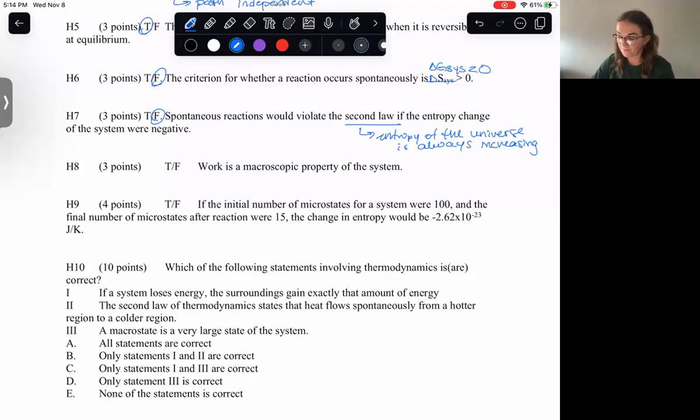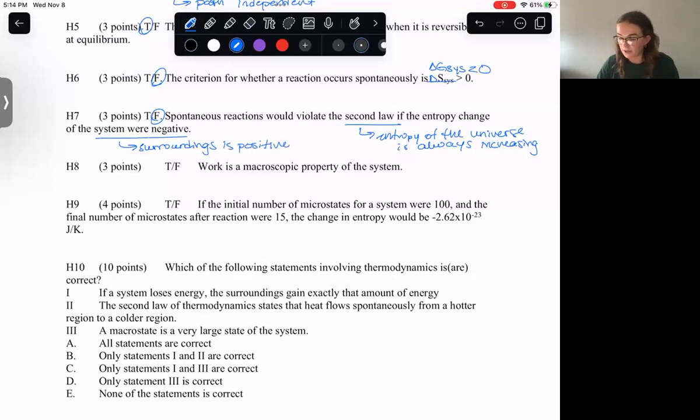So the second law states that the entropy of the universe is always increasing. So if the entropy change of the system were negative, this does not mean that it's violating it because it's just looking at either the system or the surroundings. So if the system were negative, that means that the surroundings is positive.